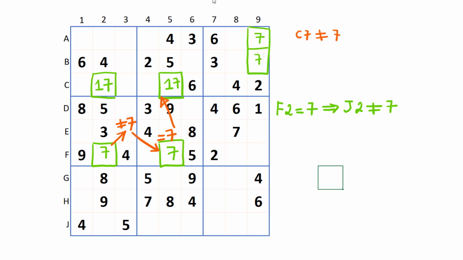If F5 is 7, then C5 cannot be 7. If C5 is not 7, then C2 is 7. If C2 is 7, then J2 cannot be 7 because the two cells are in the same column.